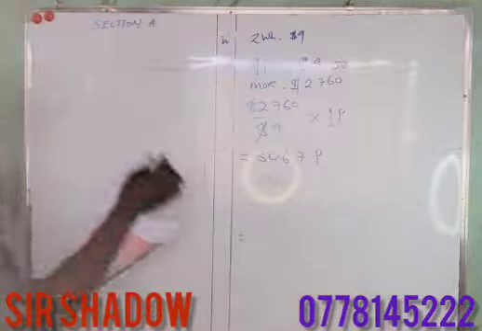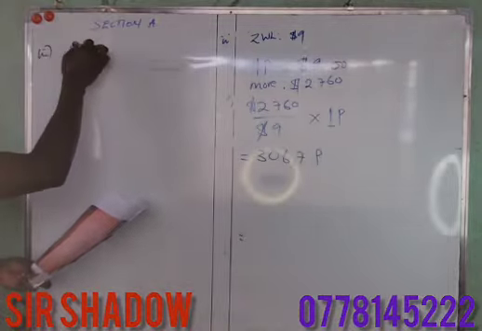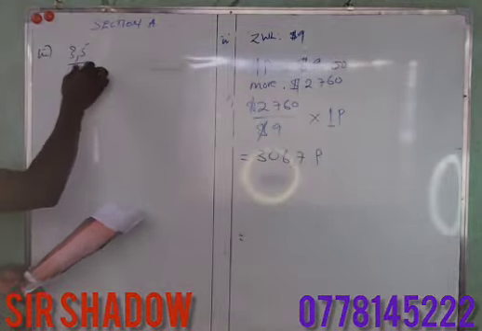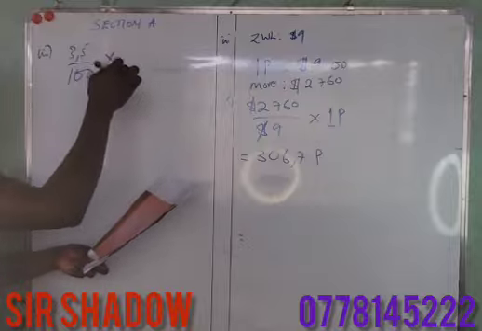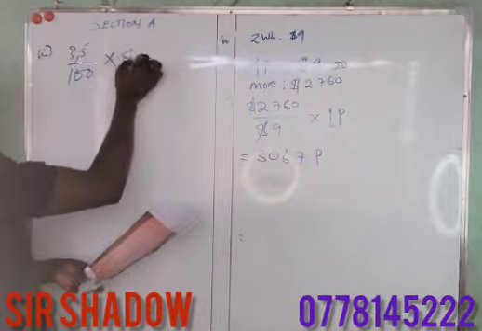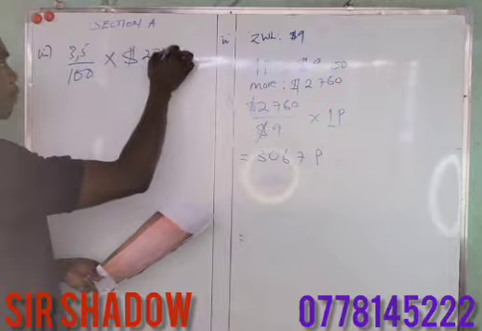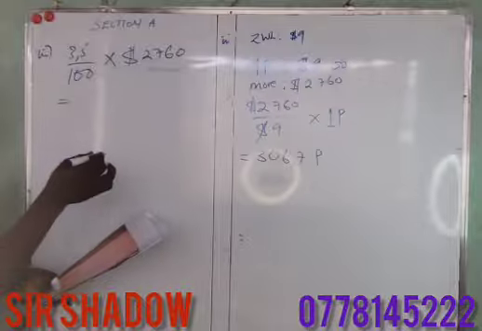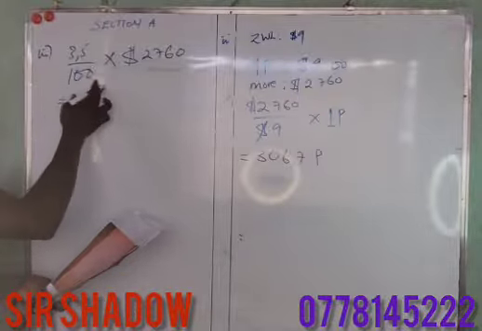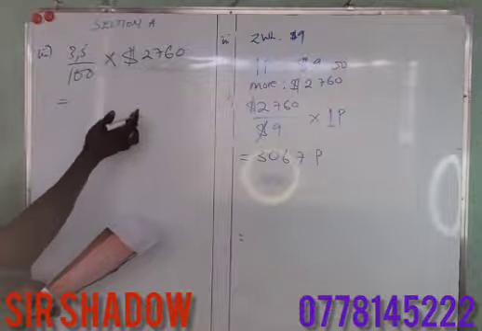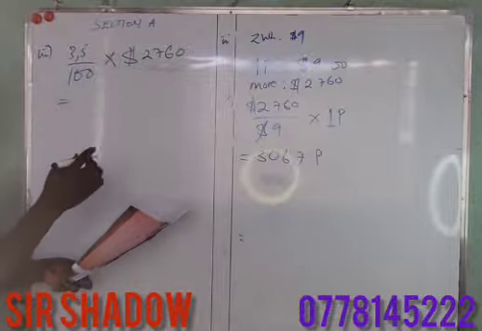We say 3.5 over 100. Remember 3.5%, right? Multiplied by the amount per each phone, which is 2,760, right? So we want to find the commission that the salesperson receives whenever he sells one cell phone.